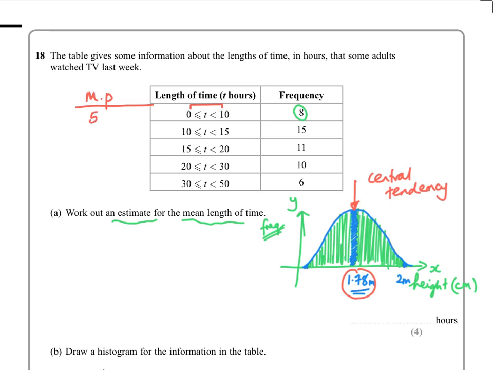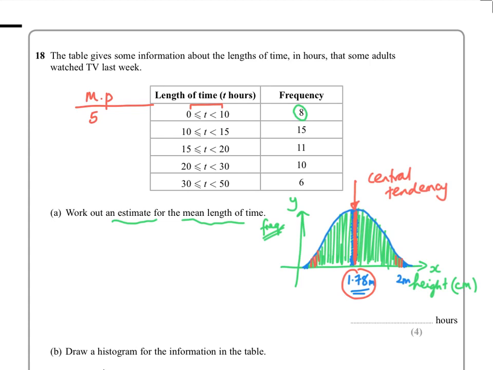That's what you would take all of those frequencies to be. So you would say the frequency of 8, so all of those 8 adults, you would say, well, let's assume they all watched 5 hours of TV, because some could have watched 1 to 2 hours, some could have watched 9 hours, but they would probably tend more around the centre.